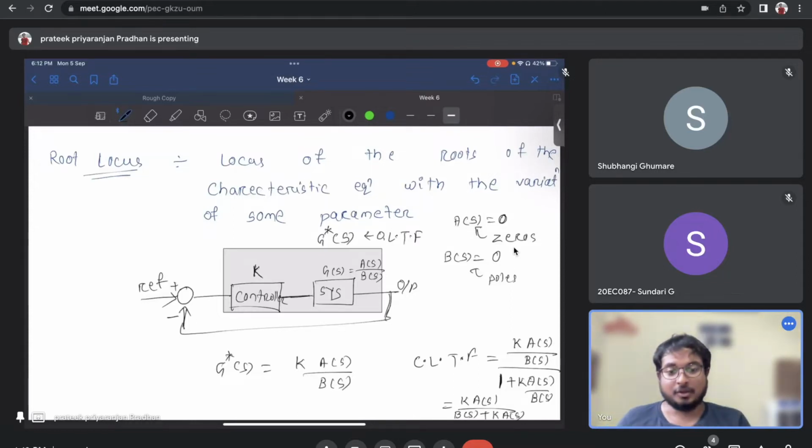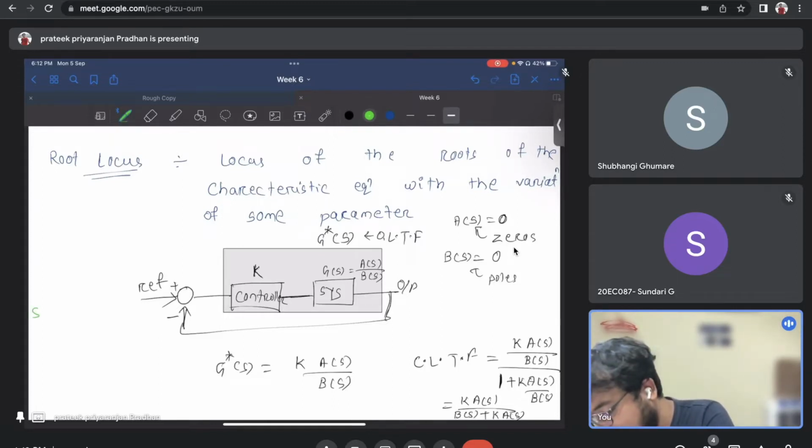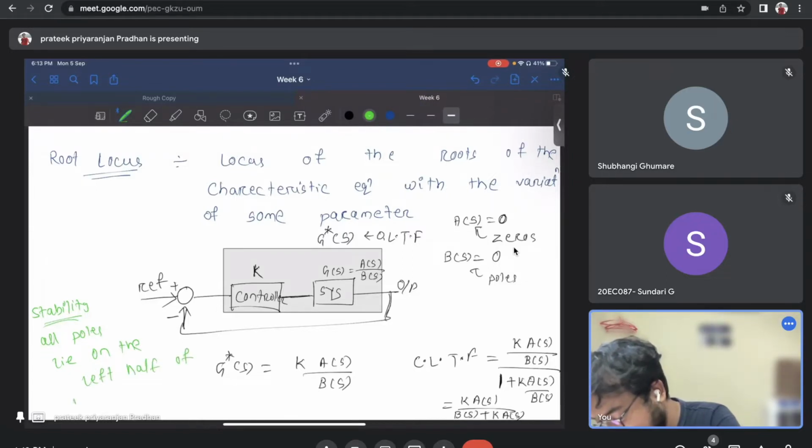Okay. So for the closed loop, what is the condition for stability? My stability condition is that all the poles lie on the left half of the S plane.